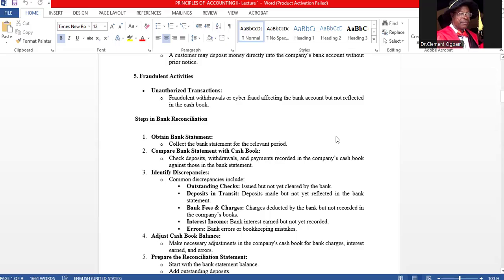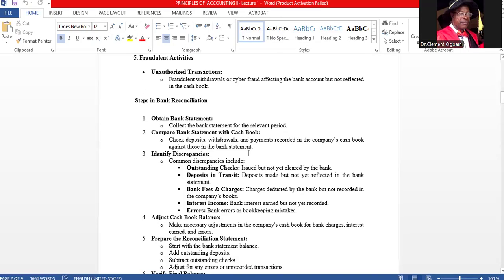But in an attempt to reconcile the cash book and the bank statement, there are certain steps that we normally take. The first thing is to go to the bank and collect your bank statement.